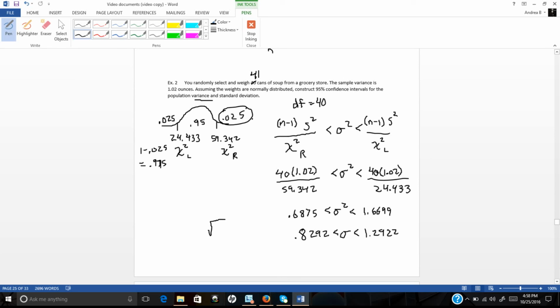And then in general, some of these will also ask you to interpret your confidence intervals.